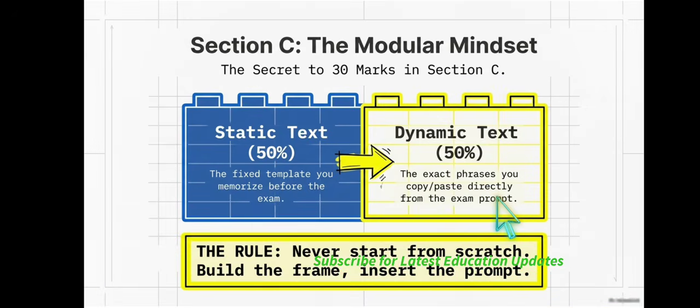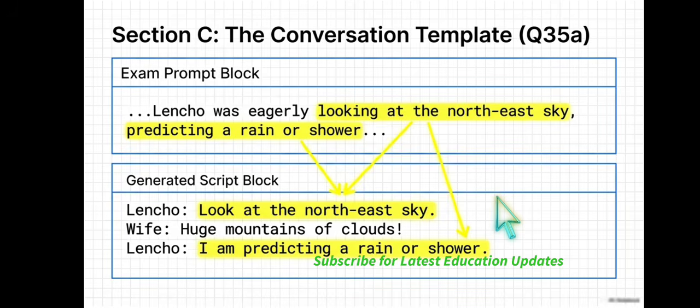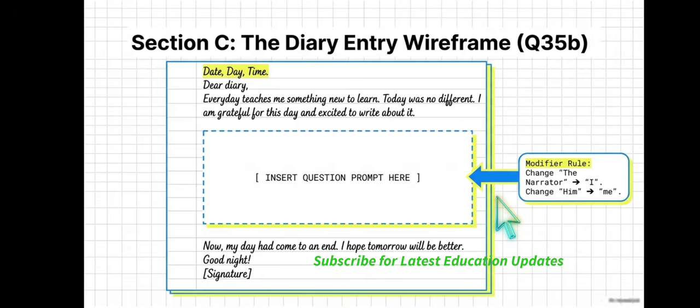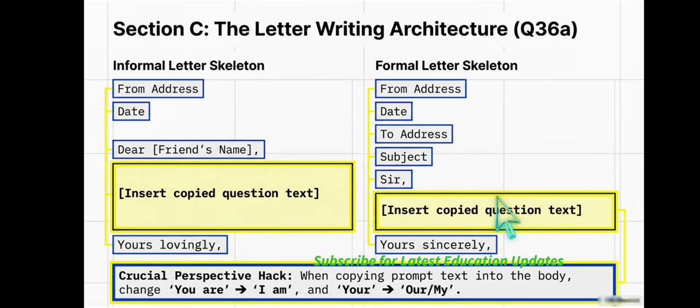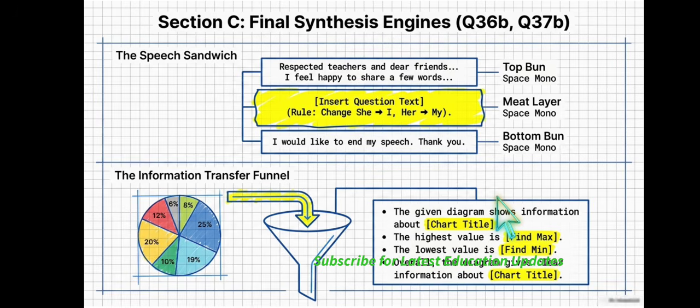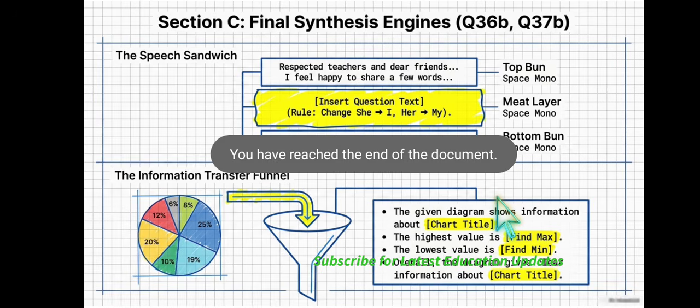What are the different secrets to score 30 out of 30 in this Section C? Look at the prompts, the relevant dialog boxes and pre-filled templates for maximizing our score.